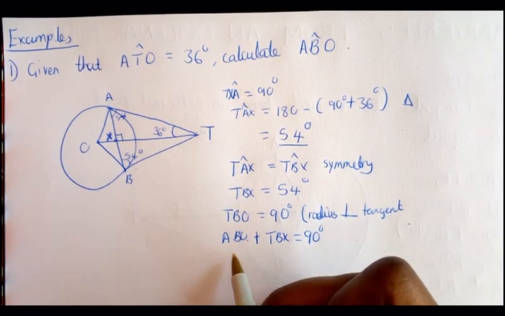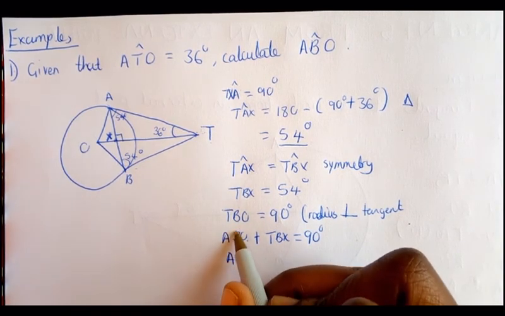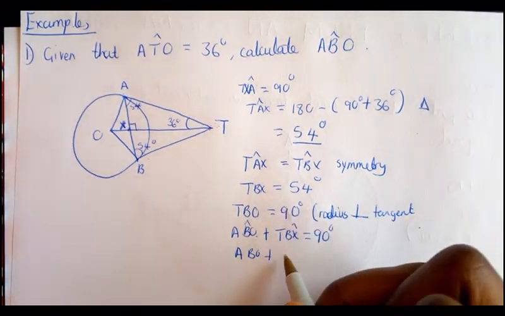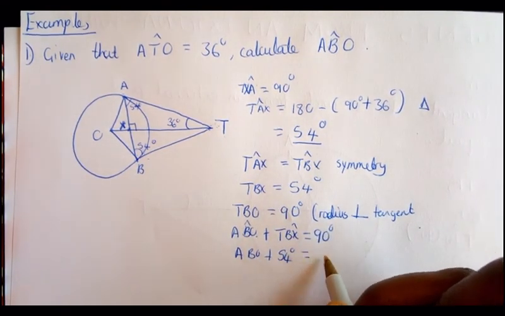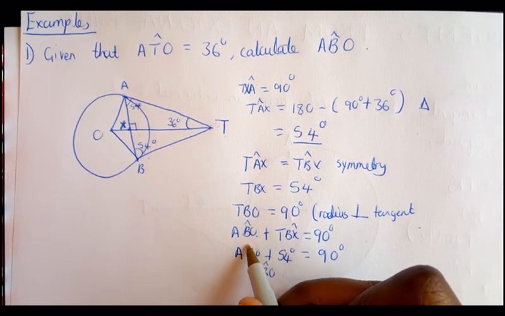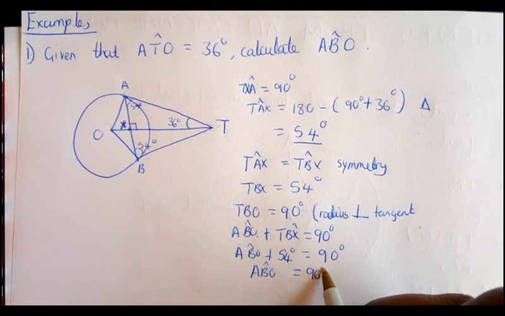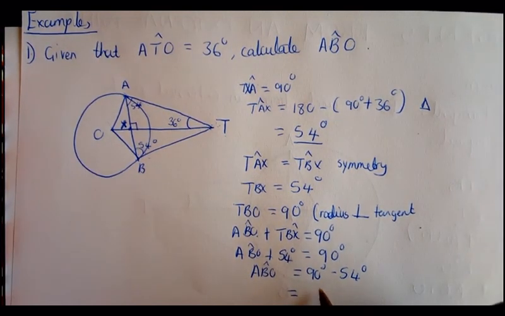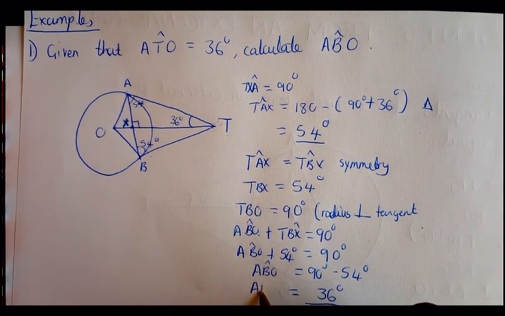So we know that angle ABO plus TBX, which is 54 degrees, is equal to 90 degrees. So ABO is equal to 90 degrees minus 54 degrees. Therefore, ABO is equal to 36 degrees. So we have calculated angle ABO using the theorem that we have discussed earlier on.